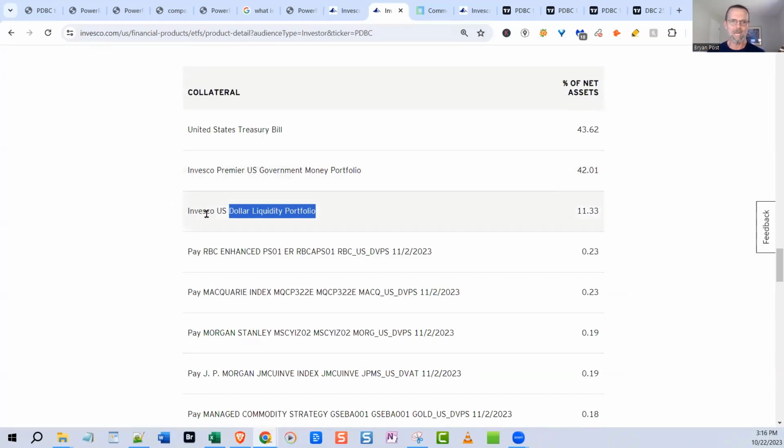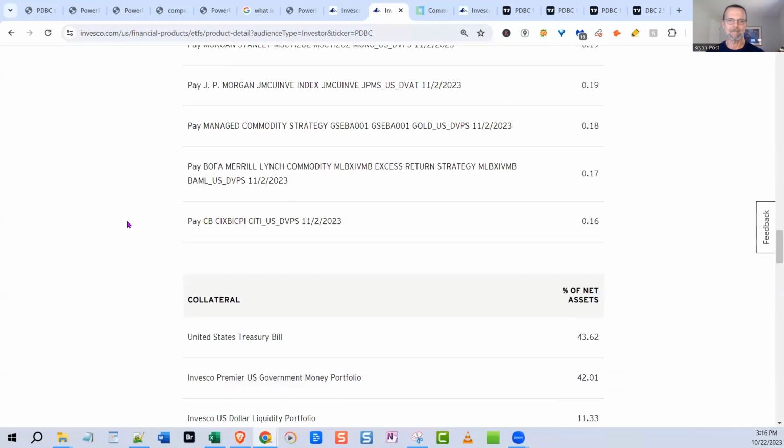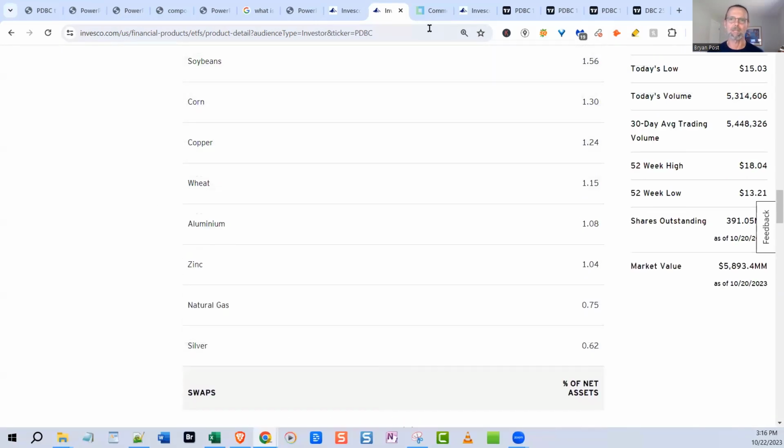Notice that both of these are Invesco products, so it's kind of incestuous that the Invesco ETF is investing in Invesco products, which, I guess you could argue, reduces third-party risk. Anyway, we won't go into that.